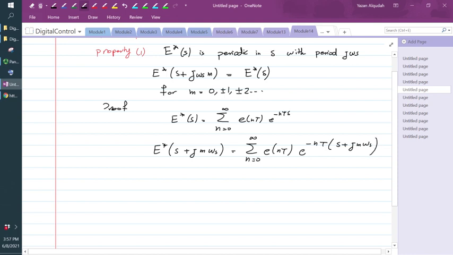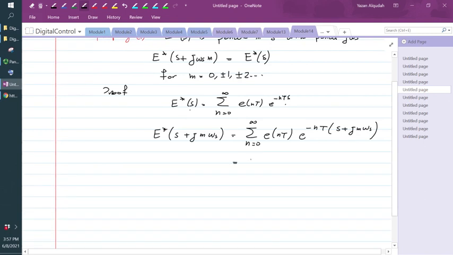So we just plugged in S plus j m omega s instead of S. Now I can write this as the summation from n equals 0 to infinity of E of nT e to the negative nT S, times e to the negative j n m T omega s.